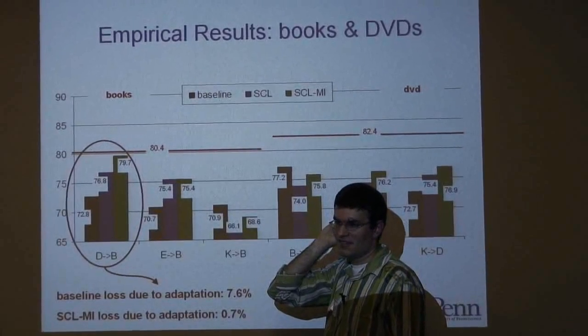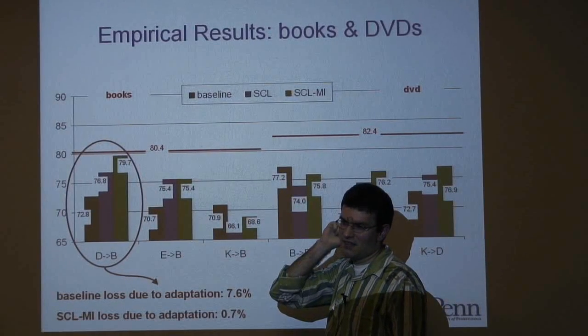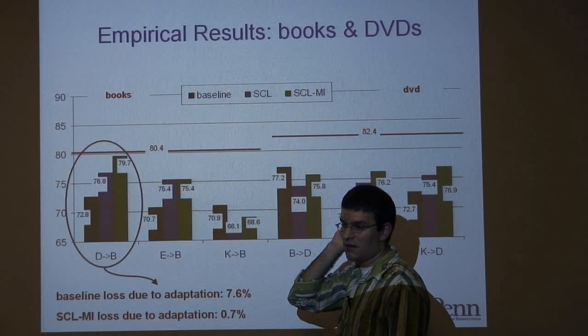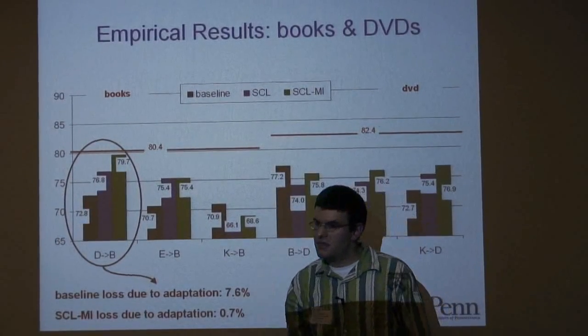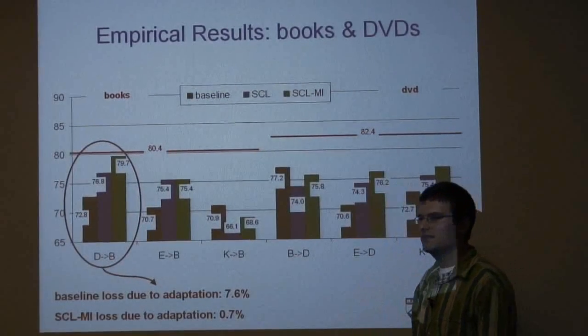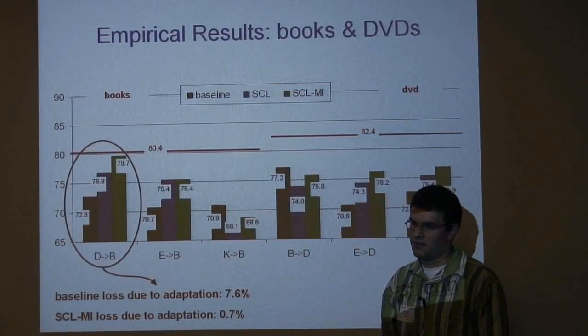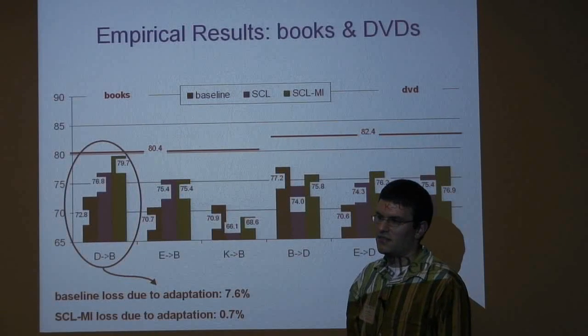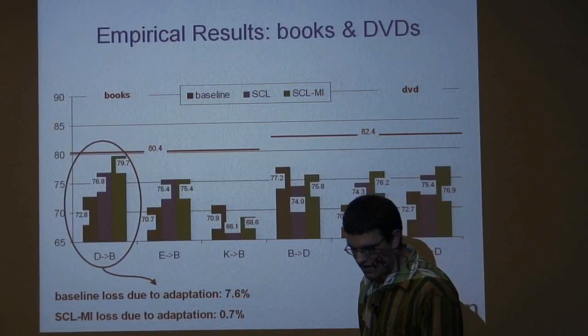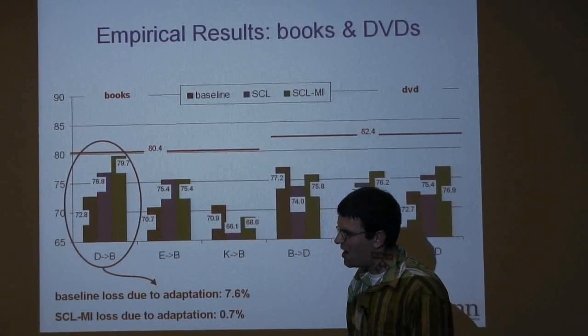I'm not trying to be negative about it, but I just want to understand: the red line labeled 80.4 doesn't get to see the pool of unlabeled data that the green and blue bars got to see, right? That's right. So in principle, if someone thought they were a semi-supervised learning genius, they might claim that they could push the red line up a little bit. Yeah, actually, you can push it up quite a bit.